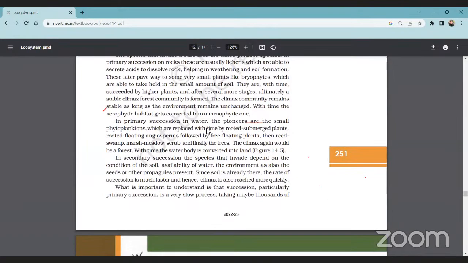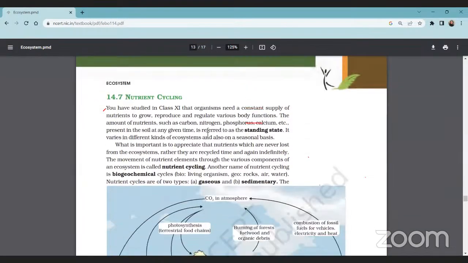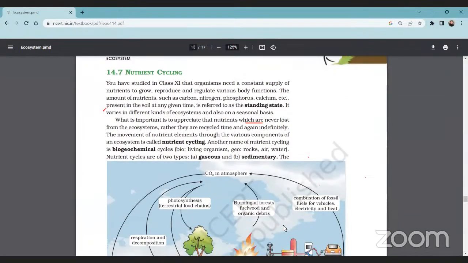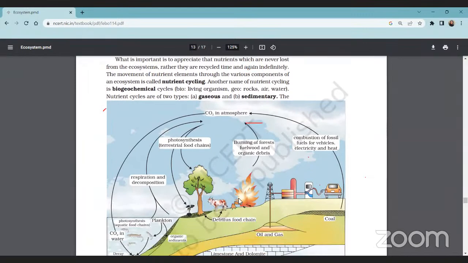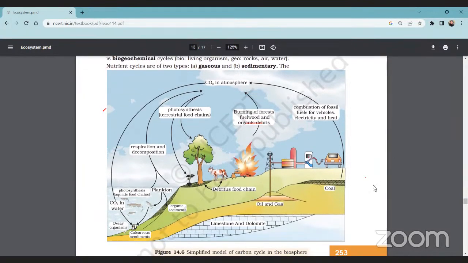And again about the nutrient cycles, there are two types of cycles: gaseous cycles and sedimentary cycles. The gaseous cycle is the carbon dioxide cycle. Here, limestone and dolomites are present.